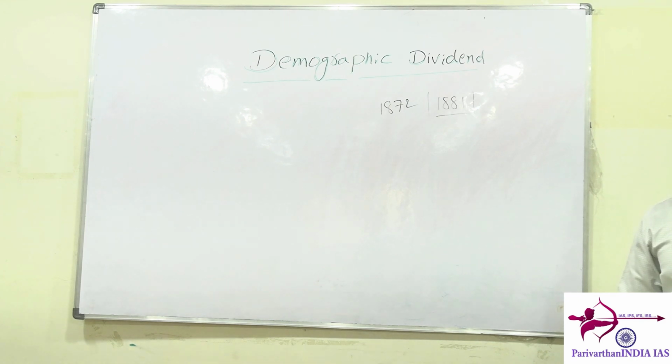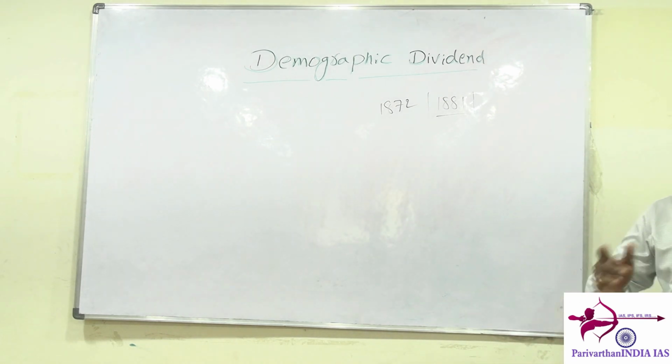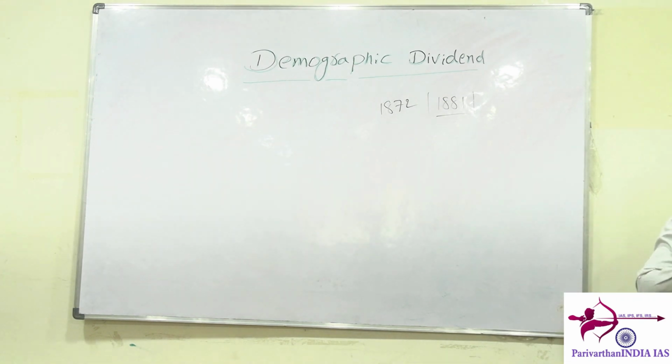Remember, the census is the basic for administration, the basic for governance. In the modern administration of India, any administrative process can start only from the census. Why?